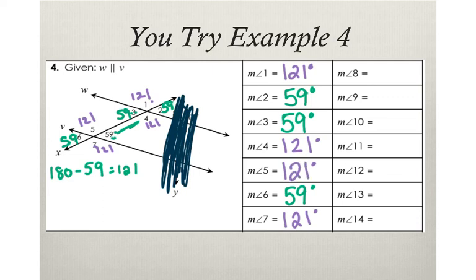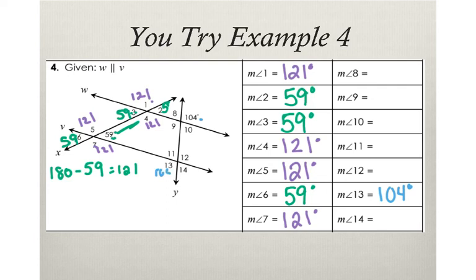Okay, so now that I have that half done, I'm going to uncover the other half, and I'm just going to look at what I have. So, 104 is what I'm given. I'm going to start out with alternate exterior. 104, alternate exterior is angle 13, so that would be 104 degrees.